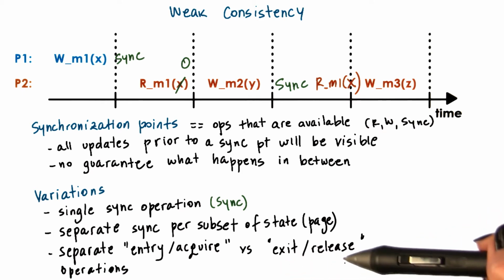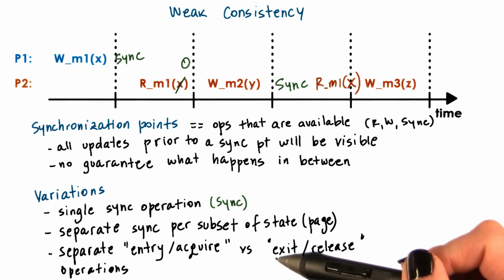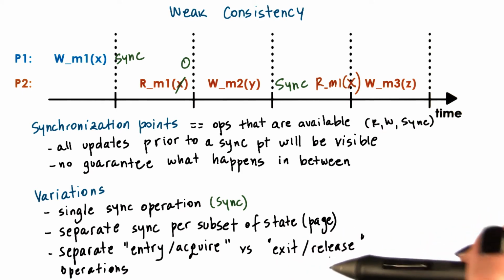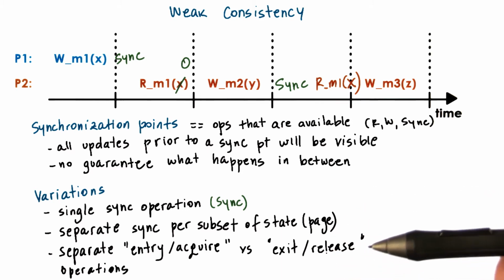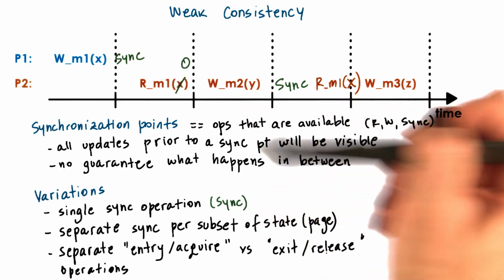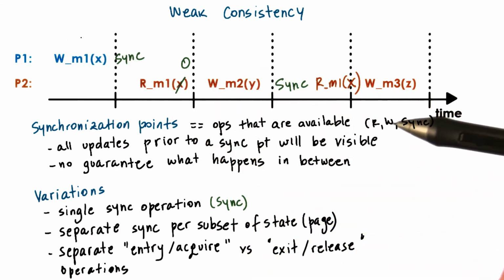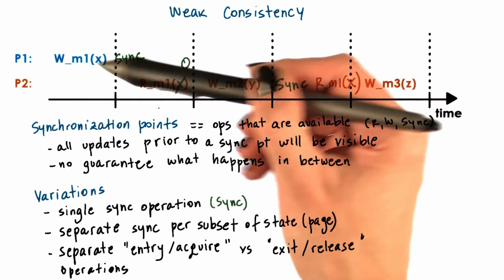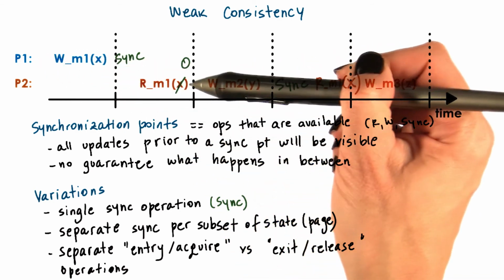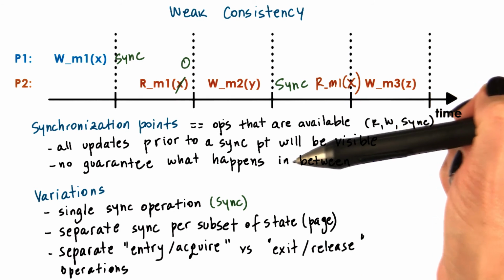And then we can have a separate synchronization primitive. That's the exit point, or this is the point where we release to all other processes or processors the fact that we have performed certain updates. So for instance, at this synchronization point, only the updates made by P1 will be forced to other processes.